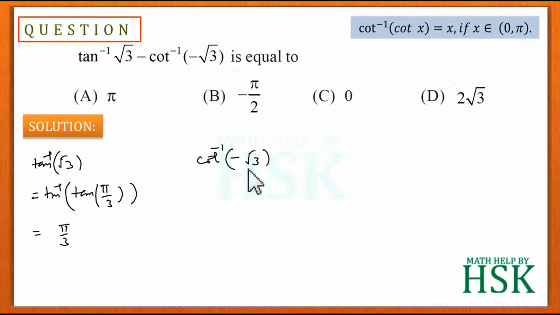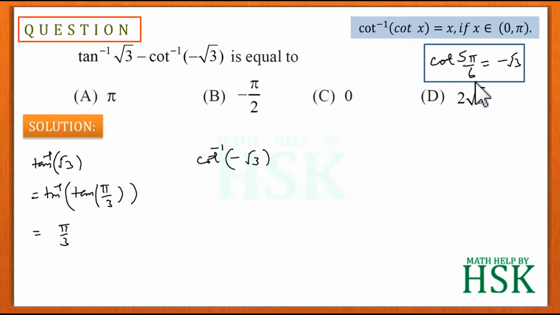So I am going to search for a certain value of cot which gives me minus root 3, and because I know that cot of 5 pi by 6 is equal to minus root 3, I can write here cot inverse of cot 5 pi by 6, which I can write as equal to 5 pi by 6.